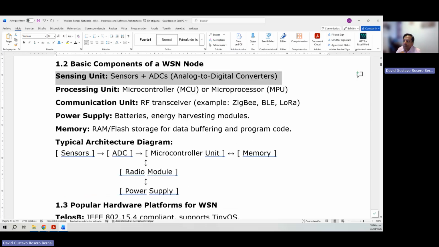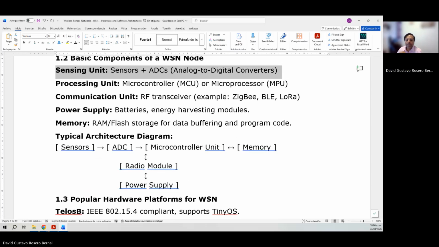We can follow with the processing unit. Usually, it involves a microcontroller, MCU, like, for instance, an MSP430, ARM Cortex-M series, or an AVR ATmega. It handles computation, protocol execution, and decision-making tasks.